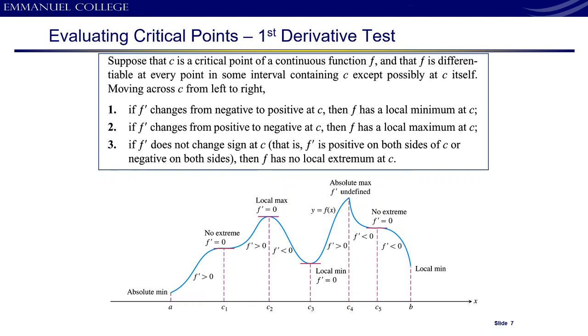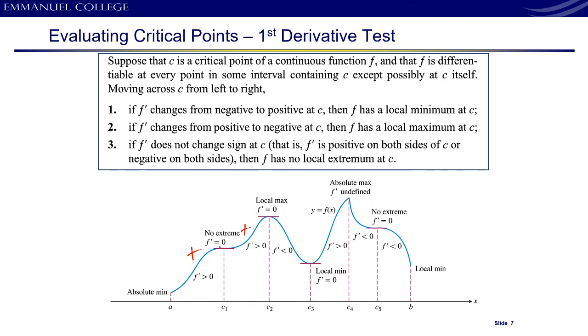If the derivative does not change signs at c, which means it's both positive or both negative, then there's no local extrema there. Extremum is the singular, extrema is the plural, at the point c. So like if you notice this point c1, we have positive slope.